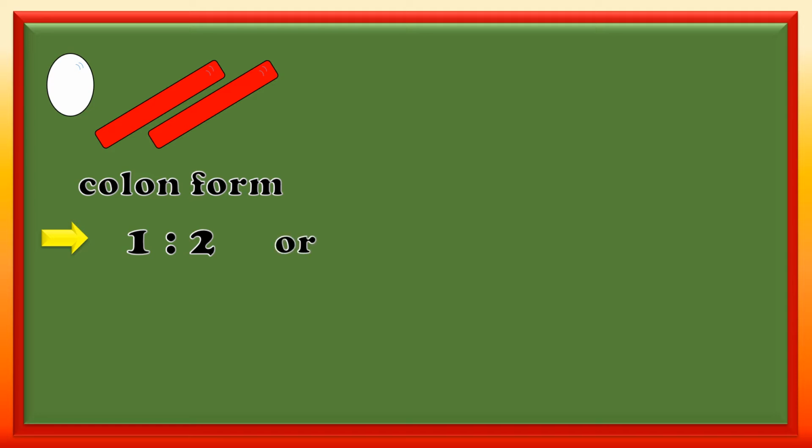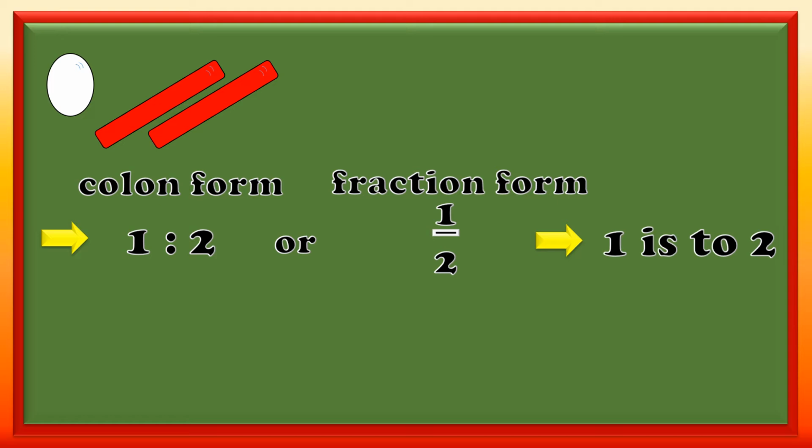So if we have 1 egg for every 2 hot dogs, then our simplest form of the ratio is 1:2. Okay? And this is again the colon form. This is the fraction form. Again, both are read as 1:2. Okay?